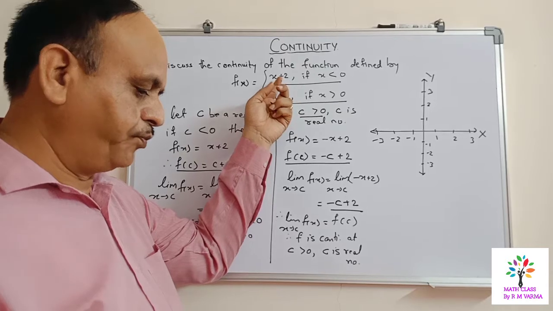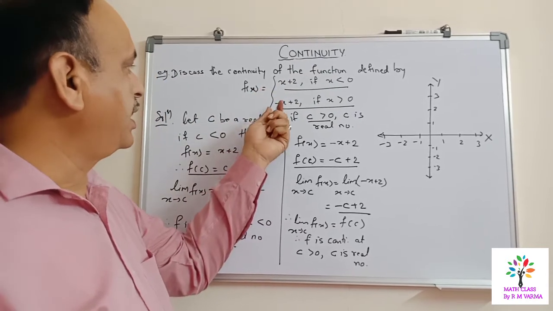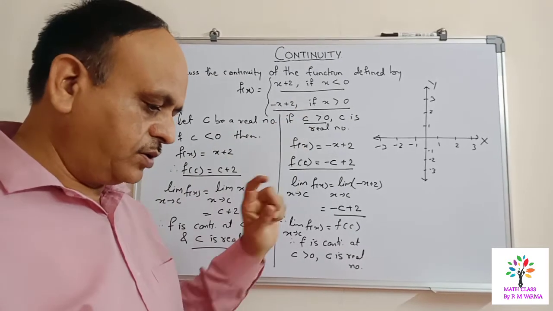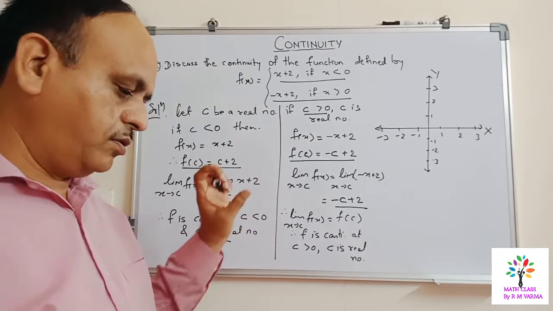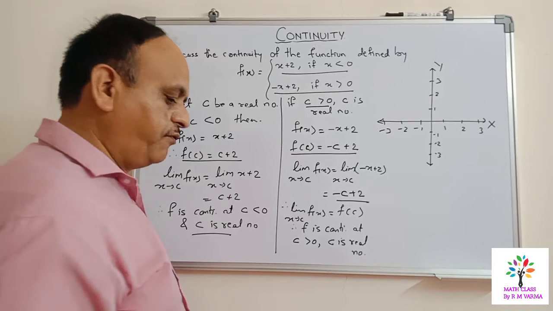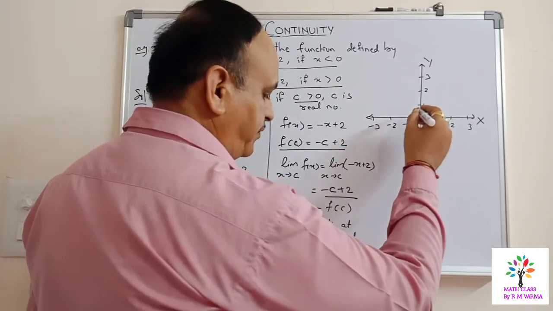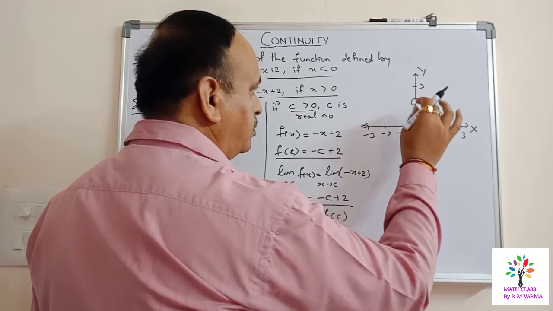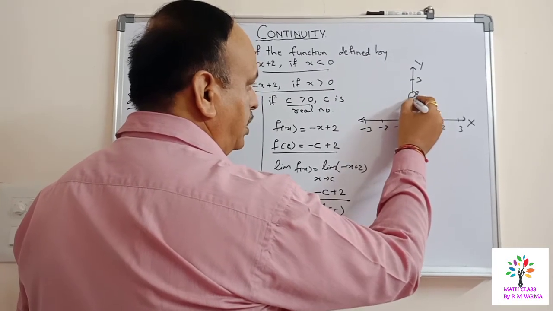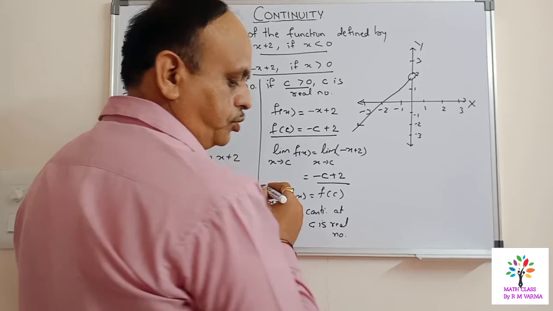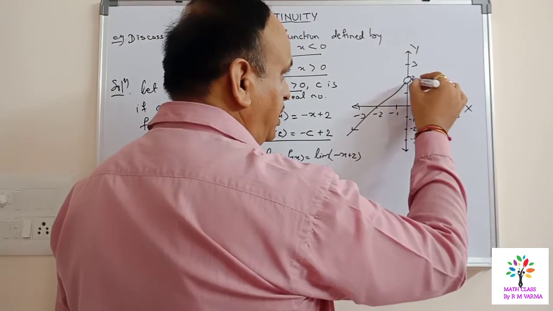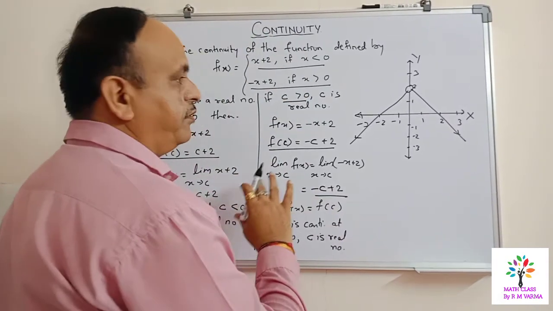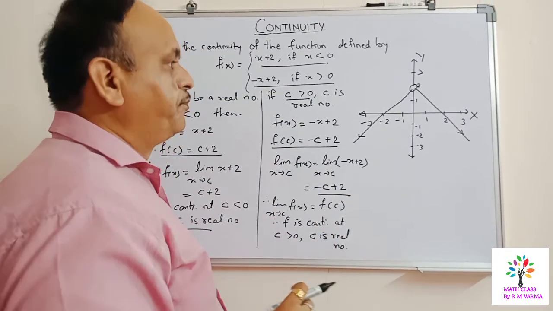When I take x as 1 on the other side, the answer is 1. So we get different answers. The graph will look like this. This value I am keeping open, and it will pass through minus 2, and here it will pass through 2. So these will be the different values.